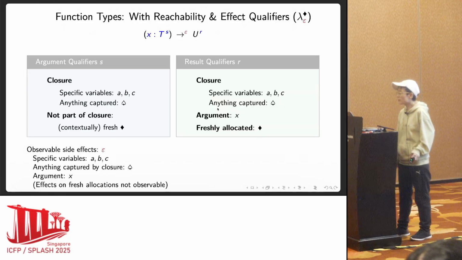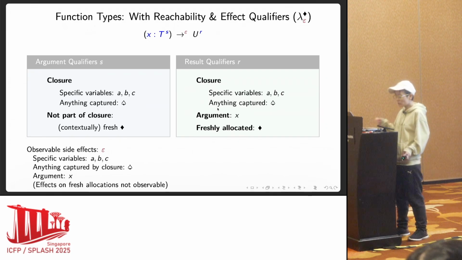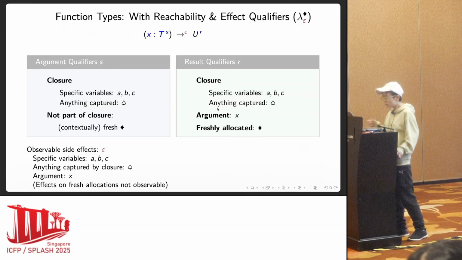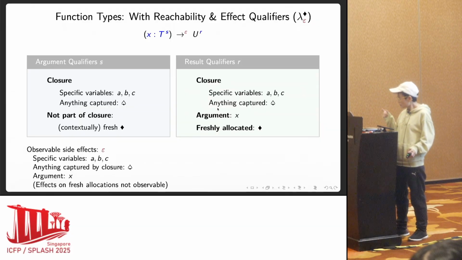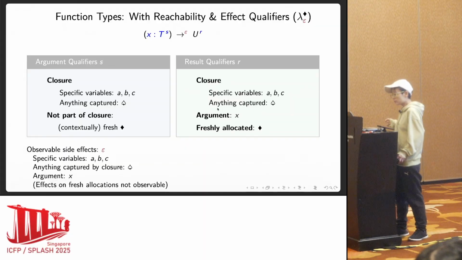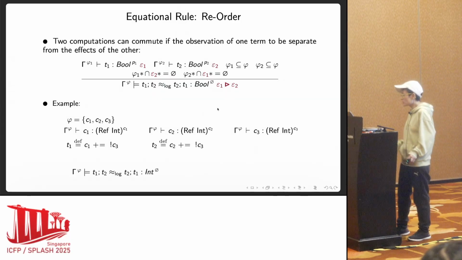Therefore, we add effect qualifiers to the function type. The epsilon is just a latent effect, and the argument qualifier and result qualifier are the same. The effect qualifier has the same expressiveness as the argument qualifier and the result qualifier. Then we can prove the reordering by using the effects.